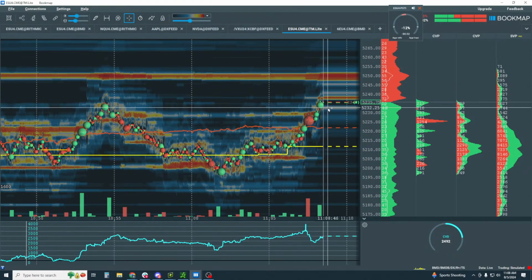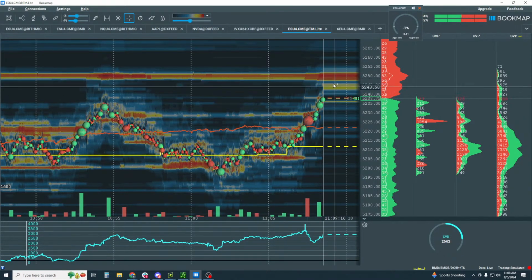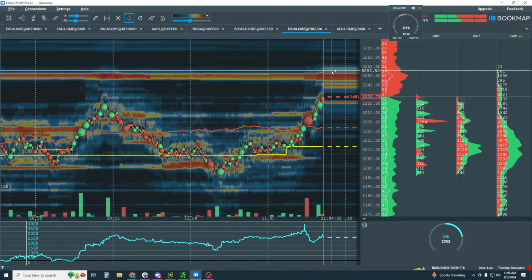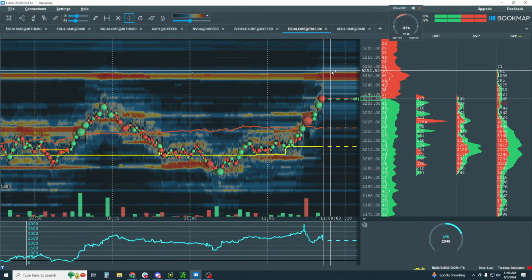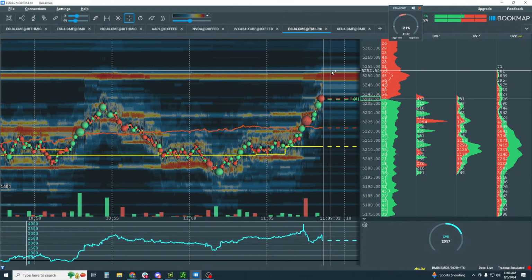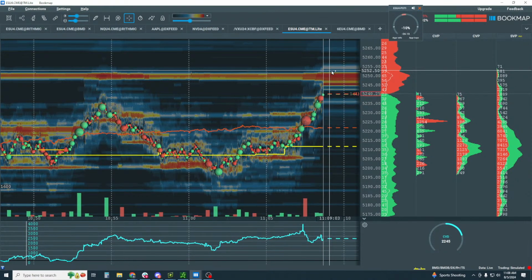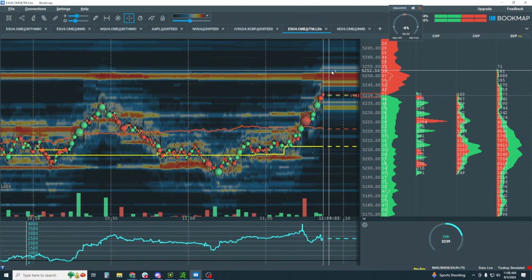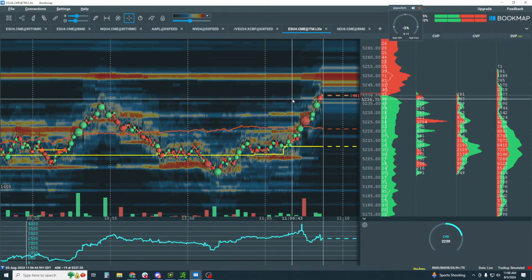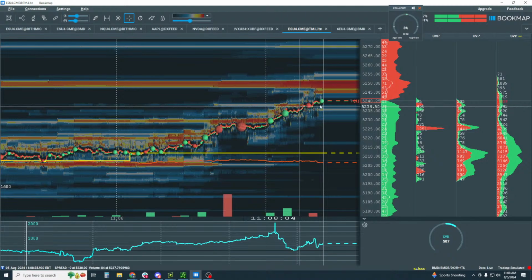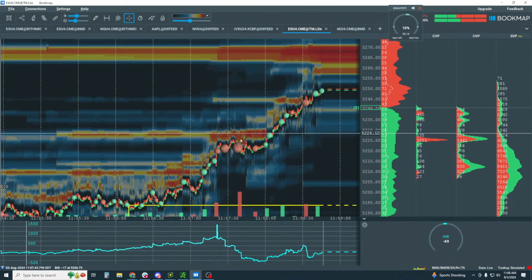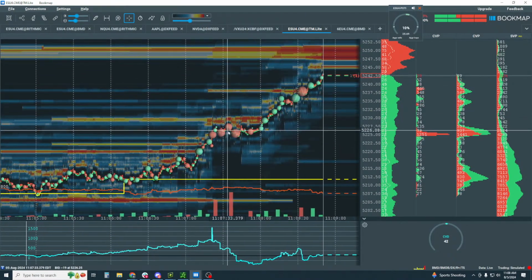All right, so continuation, still continuing. Just still looking for it to go higher till we see something different. We do see sellers coming in at some of these areas here, but we're looking at these areas of liquidity and this context in here.